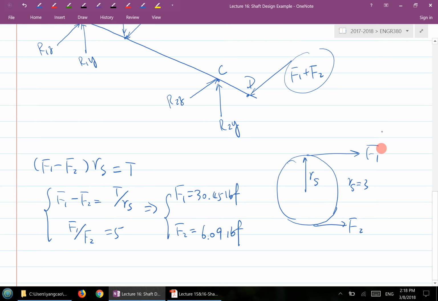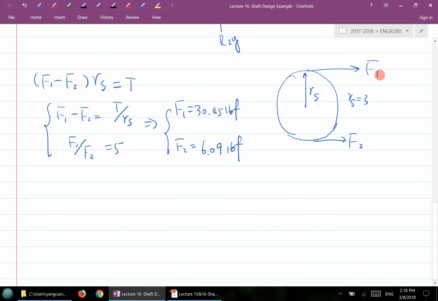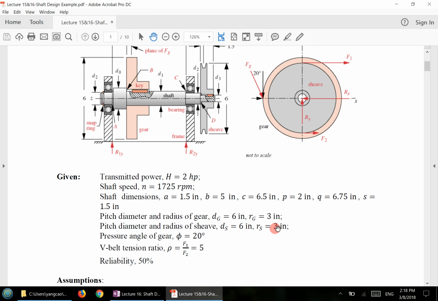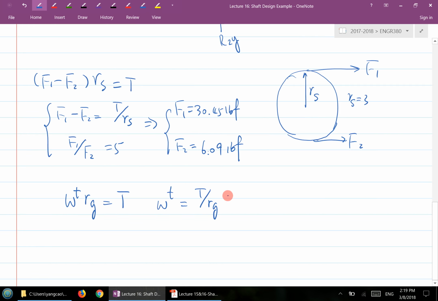How do I figure out WT and WR? WT times the radius of the pitch circle will give us the torque, right? So we got WT equal to T over RG, and RG is given in the question, so that's 3 inch. That gives us 24.36 pound-force. That's WT. What about WR?